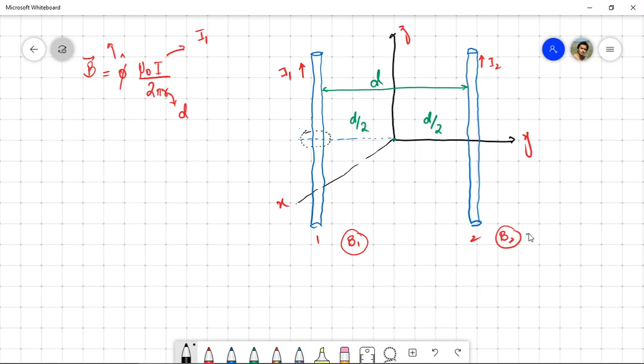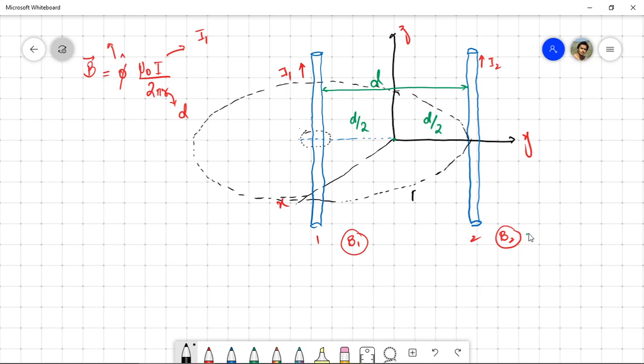So the minimum line that will interact with this conductor will be something like this. I'll have to draw a pretty big circle. I don't think I have enough space for that, but I think you get the idea that we're talking about a circle which has this conductor in the center of it, and these are the lines of force, the minimum lines of force that start interacting with this conductor.